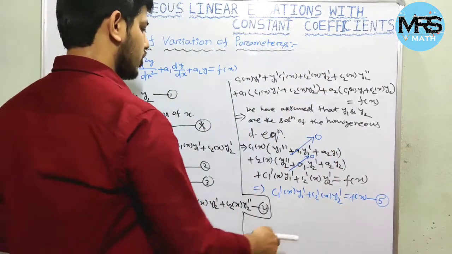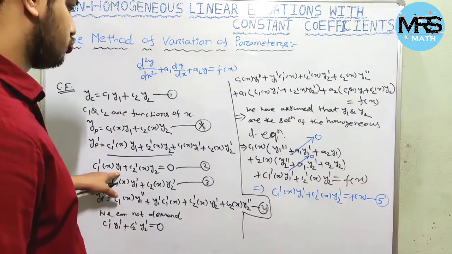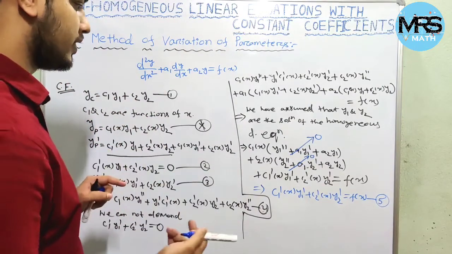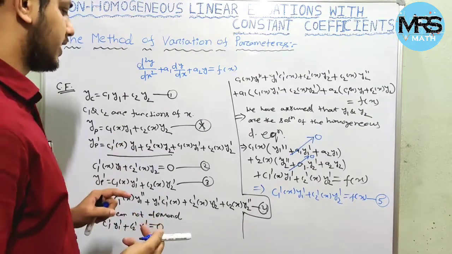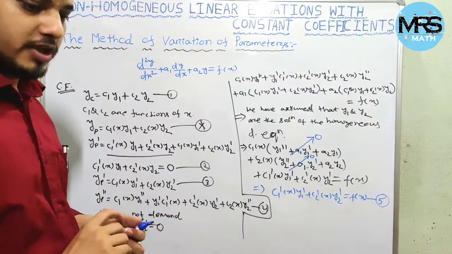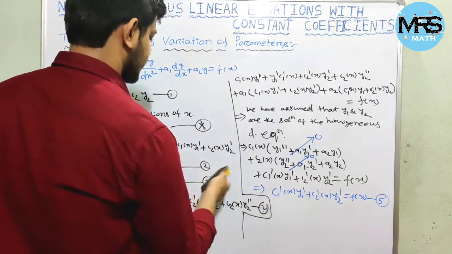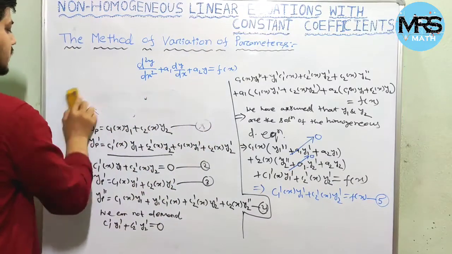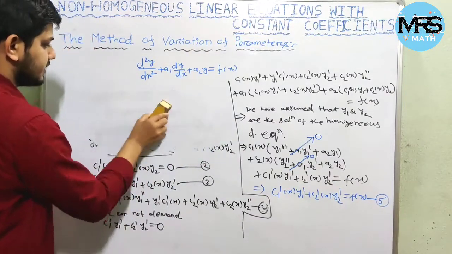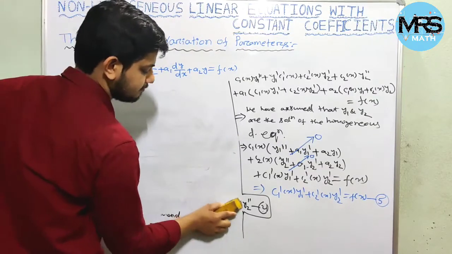Okay, so here in equation 5 and in equation 2 there are two equations and two unknowns, that is c1 dash and c2 dash. So here what we will do? We will solve equation 2 and equation 5, so that we will get c1 dash x and c2 dash x.